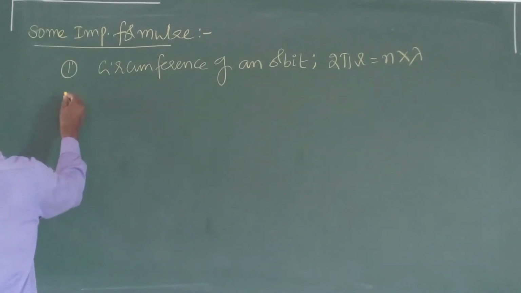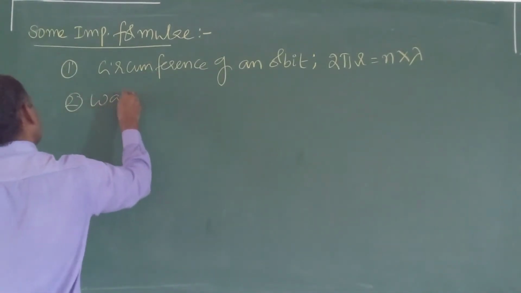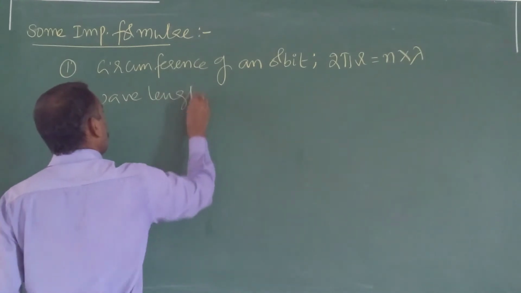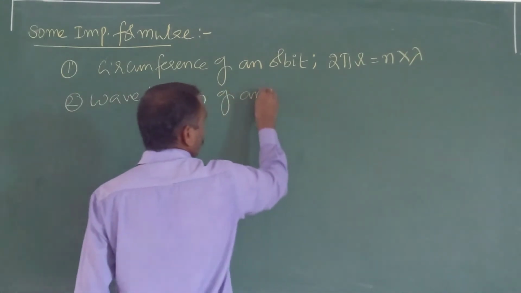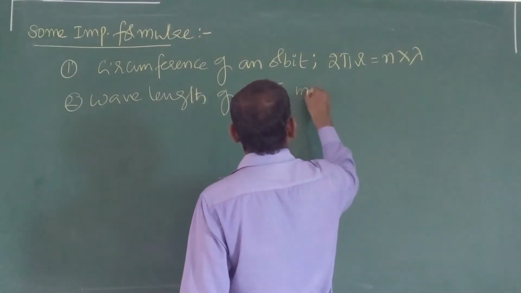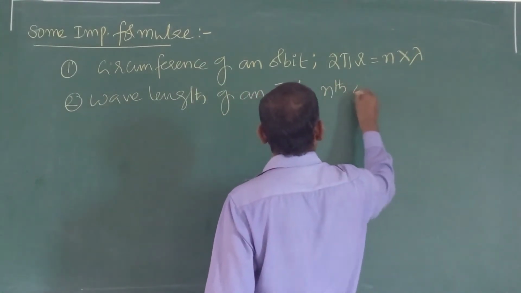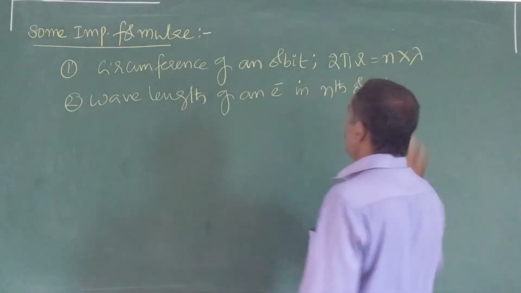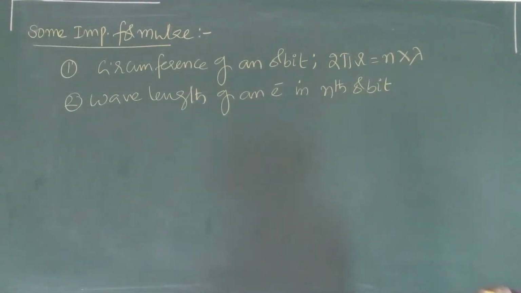Second one, wavelength of an electron in nth orbit. Sometimes they will ask to calculate the wavelength of an electron in the third orbit, fourth orbit, like that.